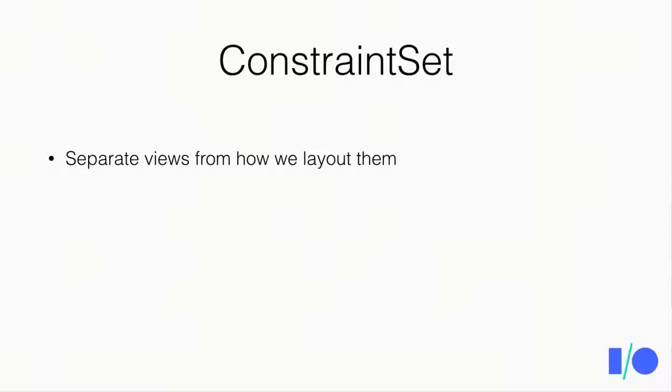One of the things we wanted to do with constraint set, and I'll talk a little bit about how you use constraint sets, is you can separate the views completely from how you do the layouts. So essentially, another way of doing things is to encapsulate your entire layout as a separate constraint set, and then you apply it to a layout.